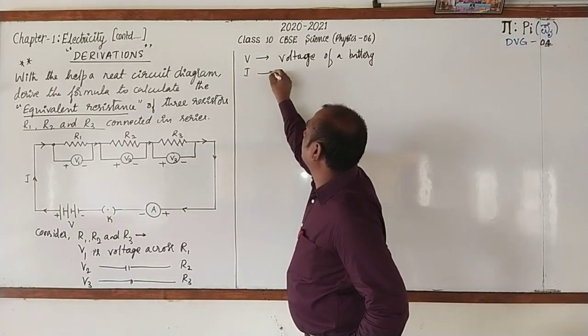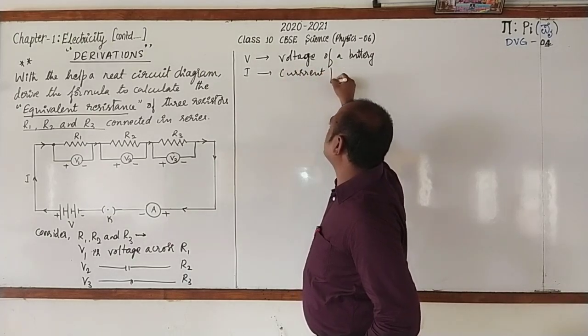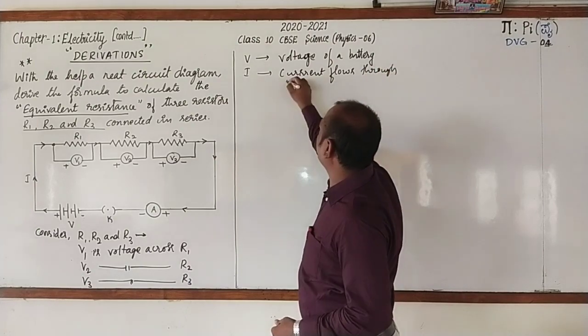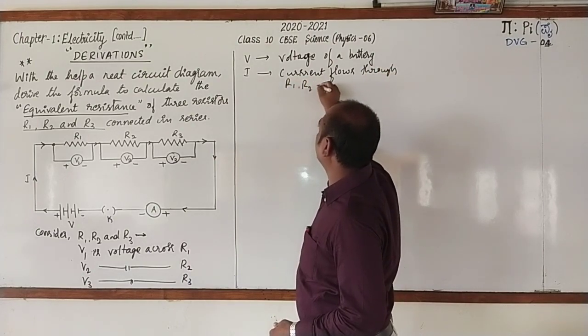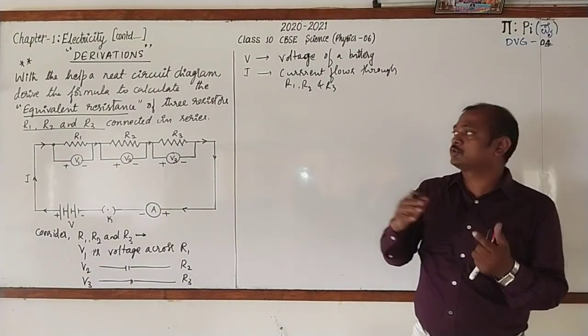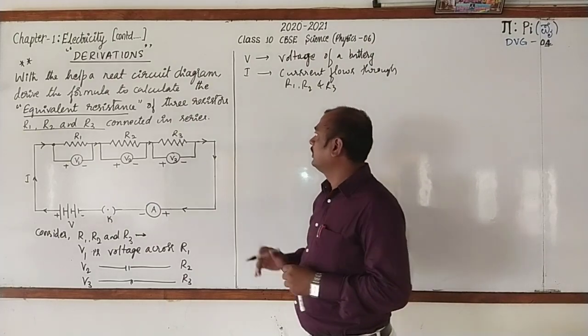Here I'll write, I is current flows through R1, R2 and R3. We know that the same amount of electric current flows through all the three resistors when they are connected in series.